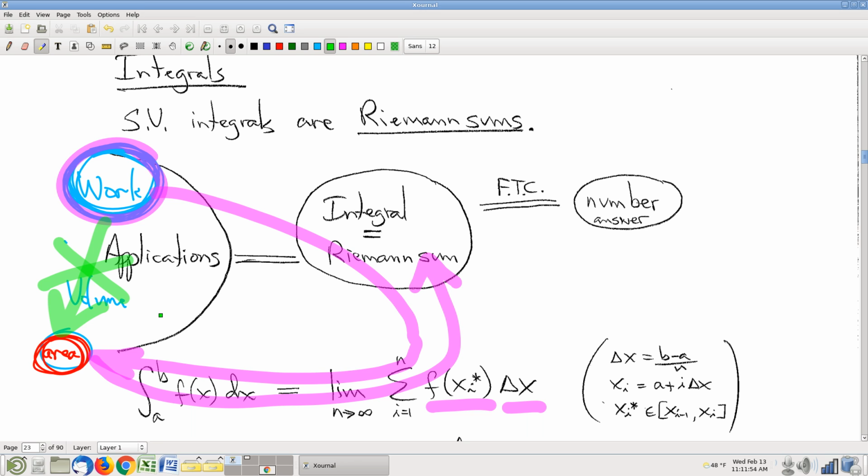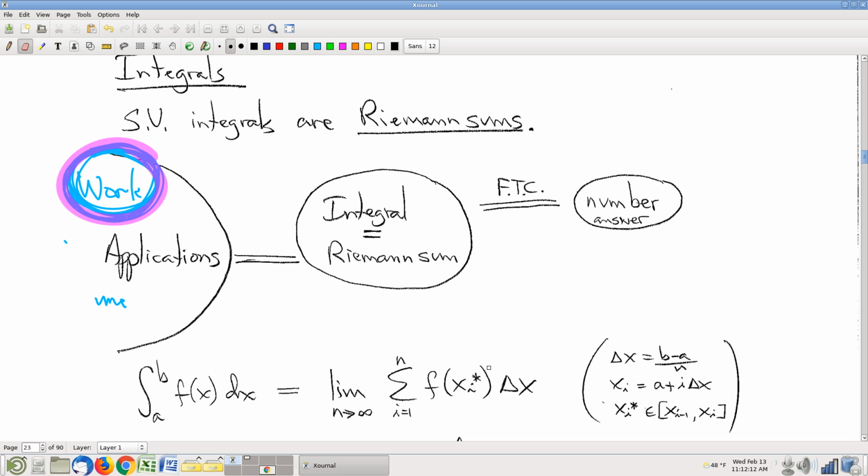You're choosing to pointlessly think of area in what is, in fact, ideally an immediate application of work to the Riemann sum.